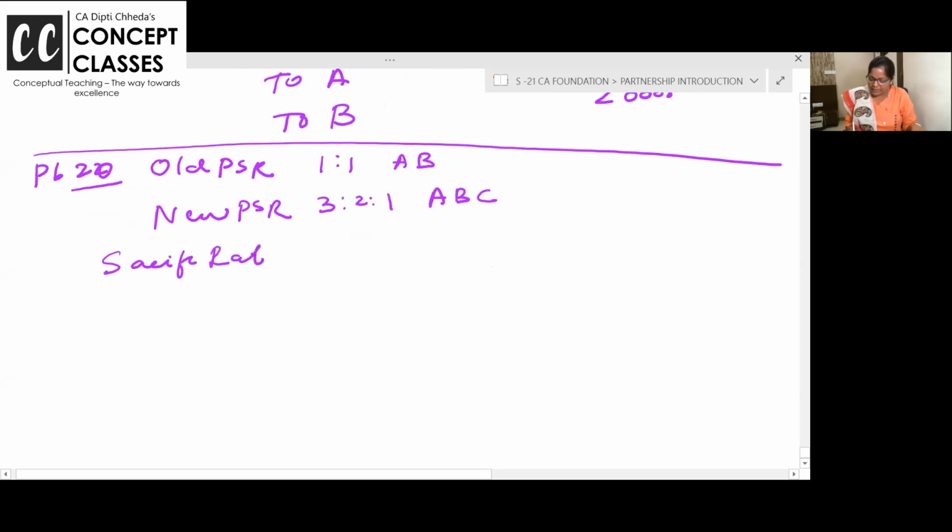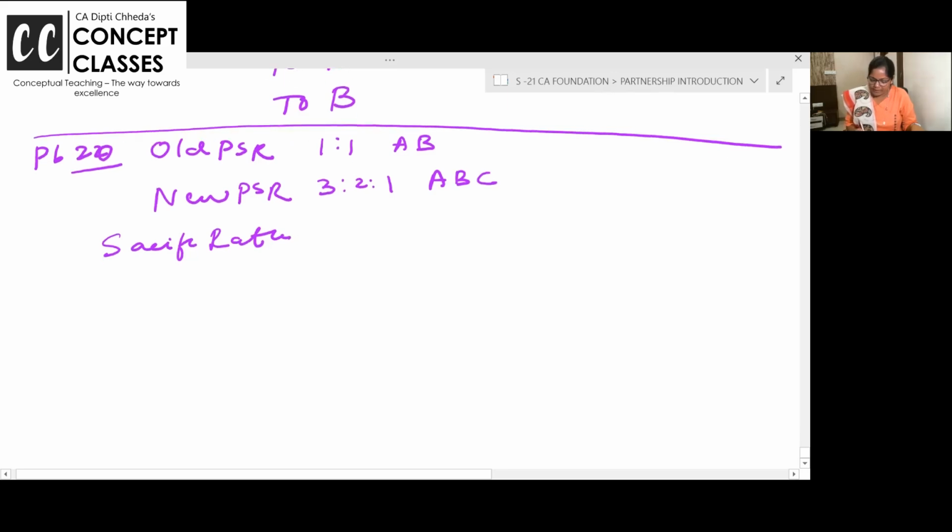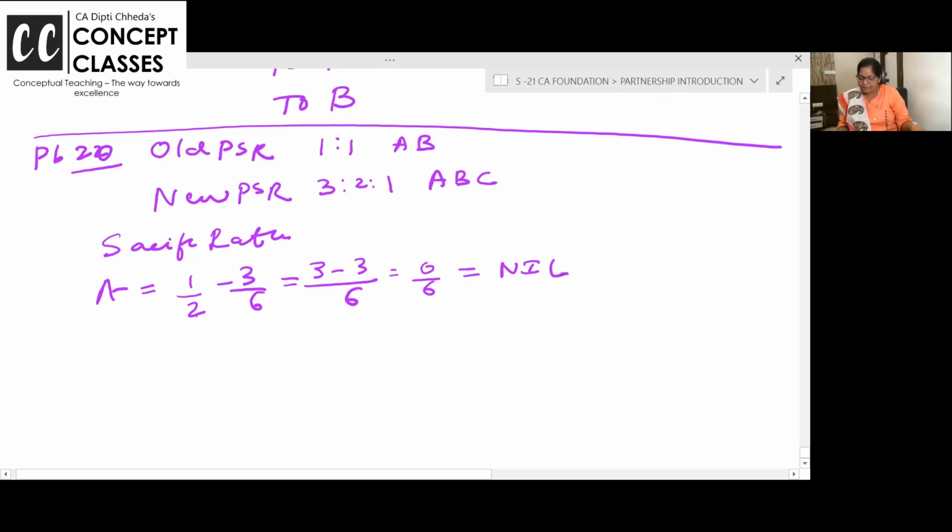Sacrificing ratio निकालेंगे A और B के लिए. A के लिए old ratio कितना है? 1:1, 1 और 2, तो half. New ratio कितना है? 3/6. LCM is 6. 2 into 3 is 6, 3 and 3. So 0/6. A's sacrifice is nil.